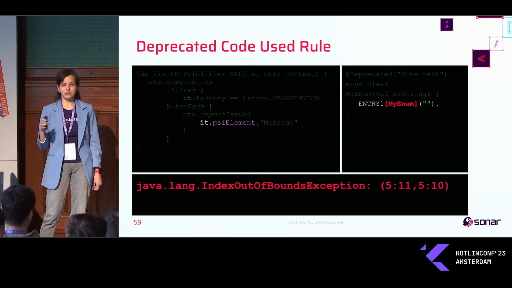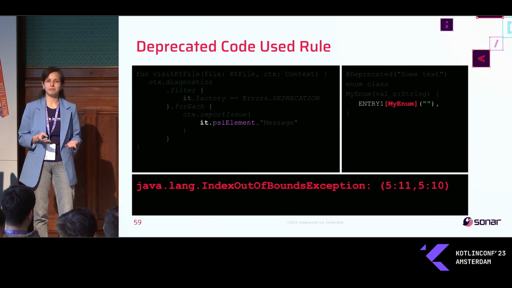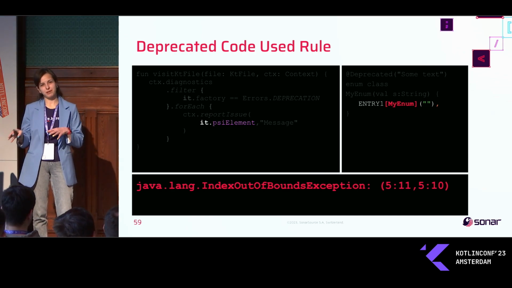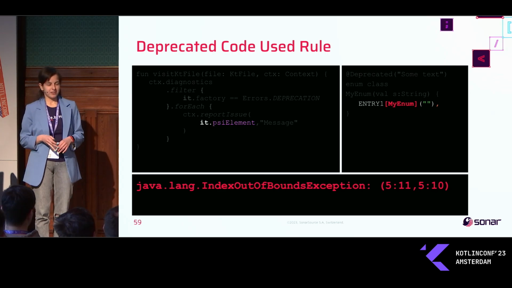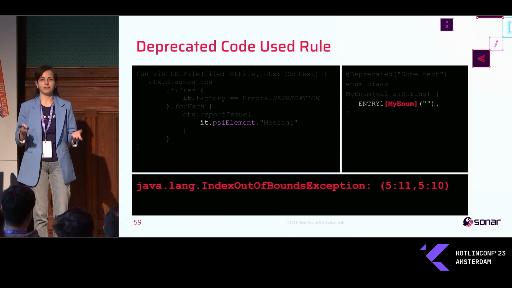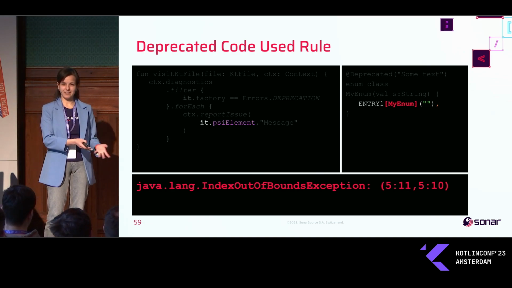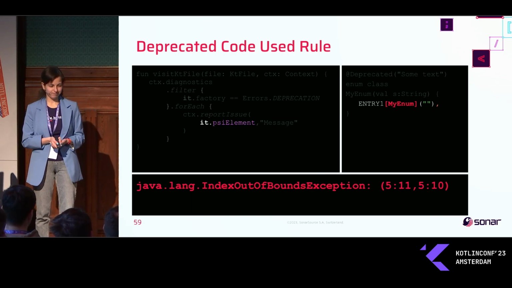And when you have an entry inside, you are actually also calling the primary constructor without naming it. So the deprecated part was also the primary constructor, but there was no representation in source code. But the compiler still told us that this element has a warning on it.